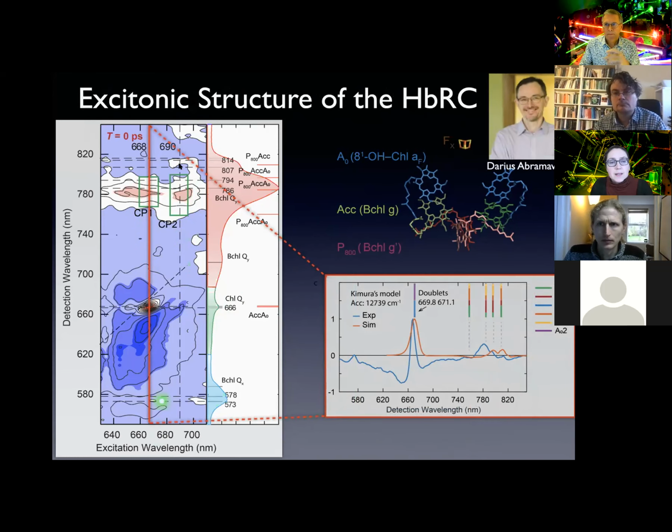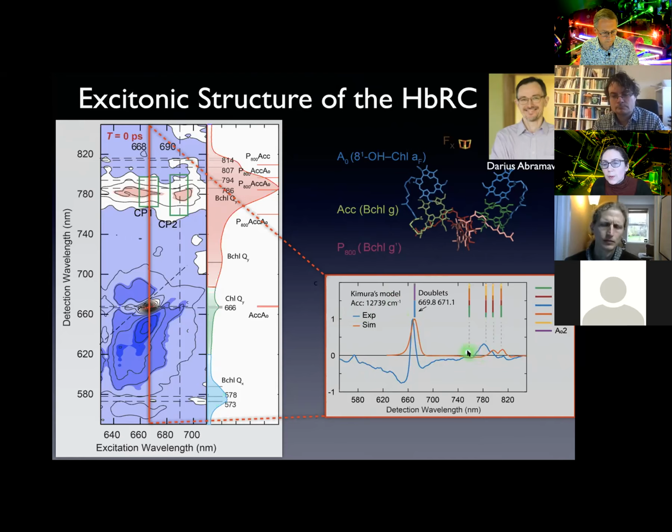If we take a slice along A0, here we've been working in collaboration with Darius Abramavicius and his group, the blue is our experimental slice along the A0 excitation wavelength, and then simulations using the exciton model proposed by Kimura.